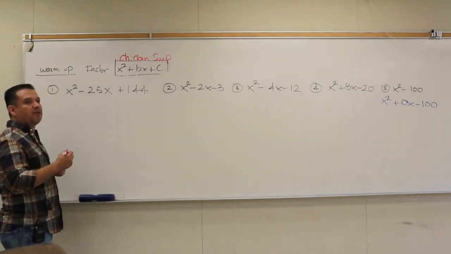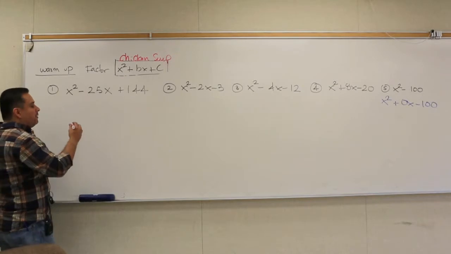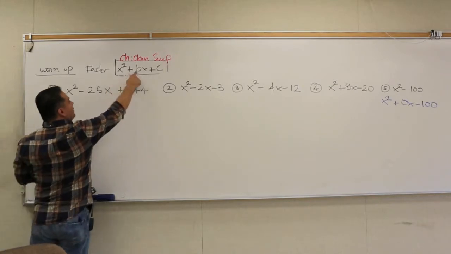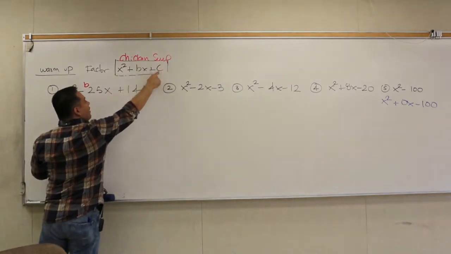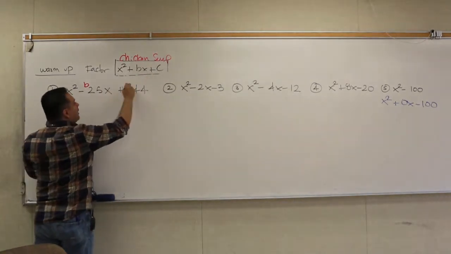Now, remember the first step in this recipe? What do your notes say? Find b and c. b is the number multiplied to x. Here's my b. c is the constant value out here. Here's my c.